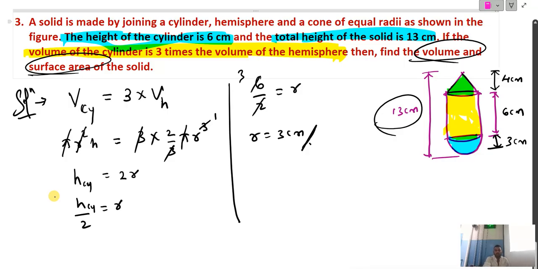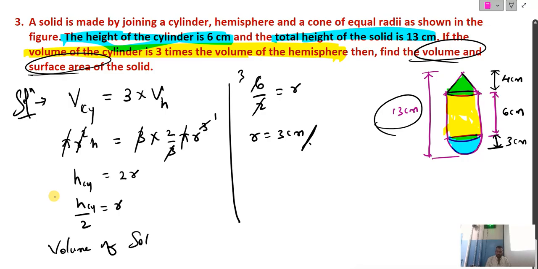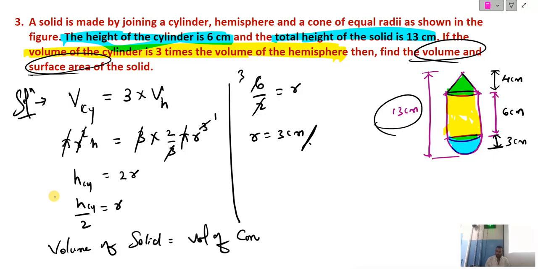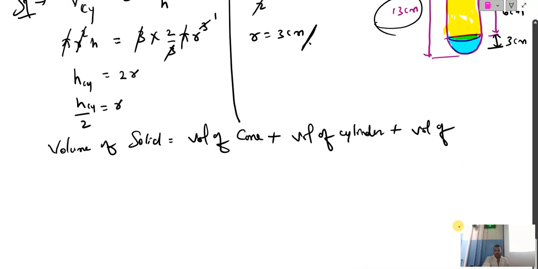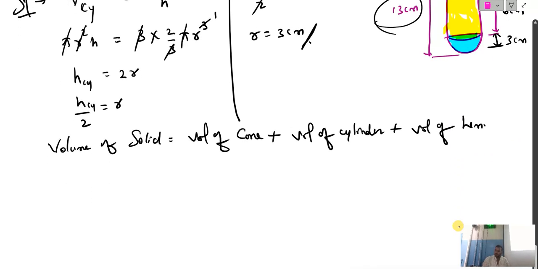Now, how to find the volume of the entire solid? Can we write the formula? Volume of solid is equal to volume of cone plus volume of cylinder plus volume of hemisphere.